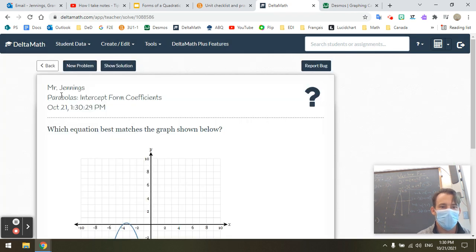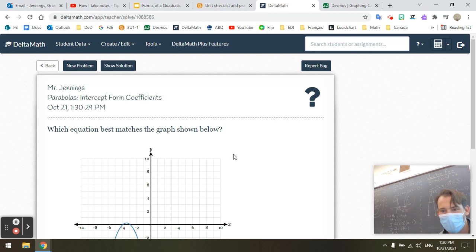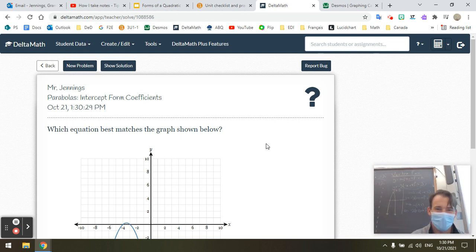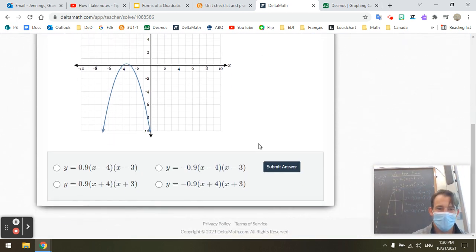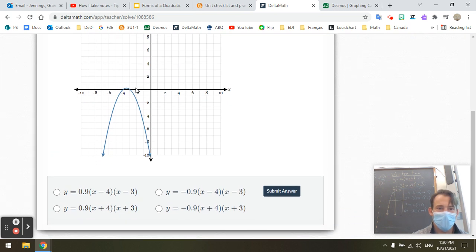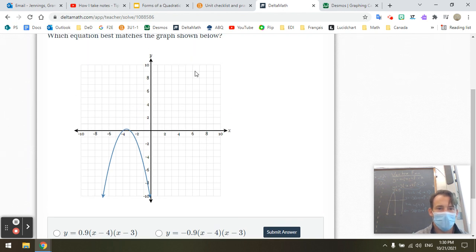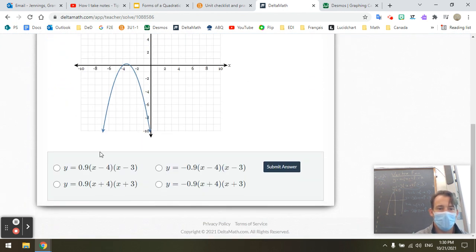So the first type of practice we have has to do with vertex form over there behind me. So you can look at your notes for vertex form. Here, if I'm given this parabola and I want to know which one of these most closely relates to that parabola, I'm going to say, well, I have these parabolas listed in factored form.